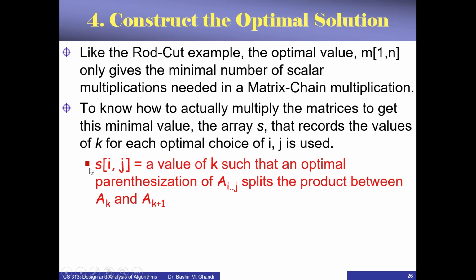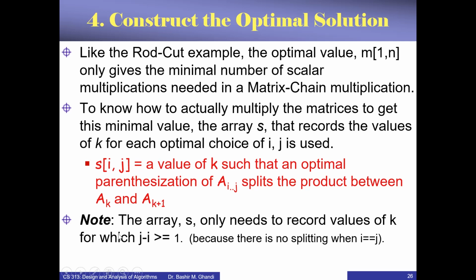We call S[i][j] the value of k that gives you the optimal solution when you split the product Ai..j into 2, between Ak and Ak+1. Note that the array S only needs to record the value of k for which the choice was made, because there is no splitting when i is equal to j. This is why we didn't need to fill the bottom row for the array S.